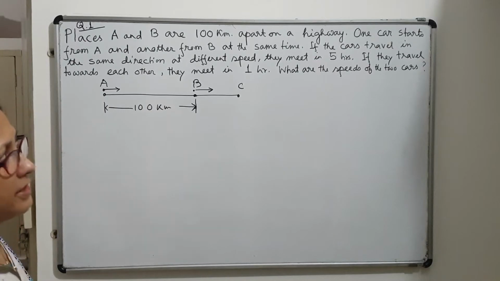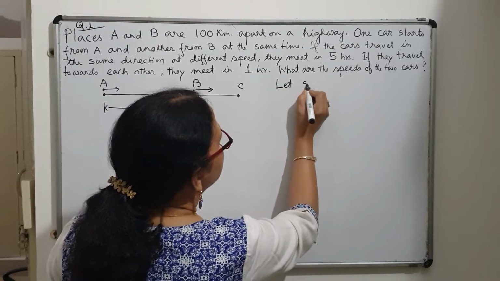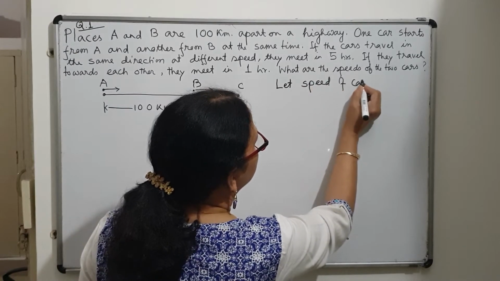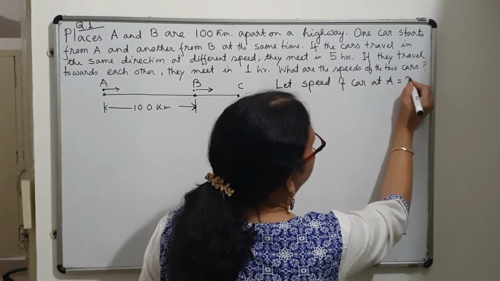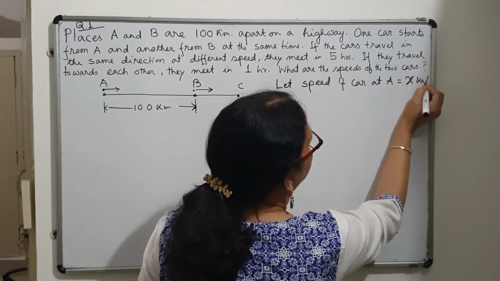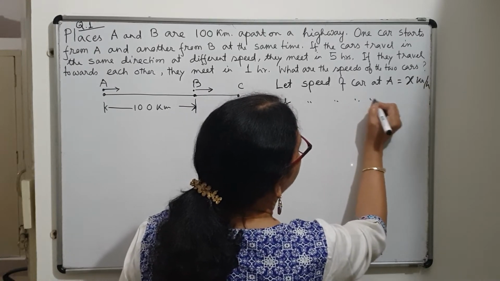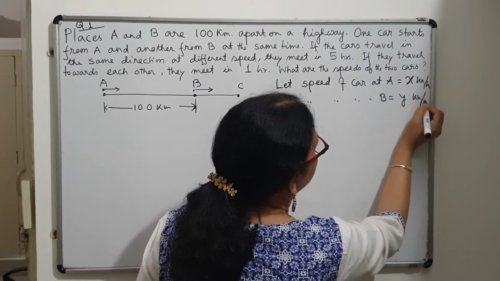So first let us define the variables. Let the speed of the car at A be x kilometer per hour, and the speed of the car at B be y kilometer per hour.